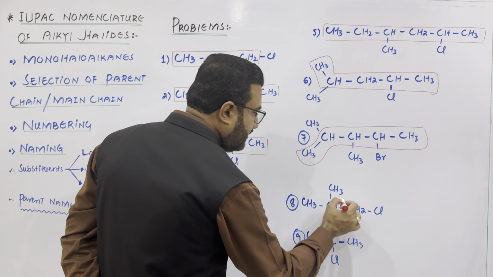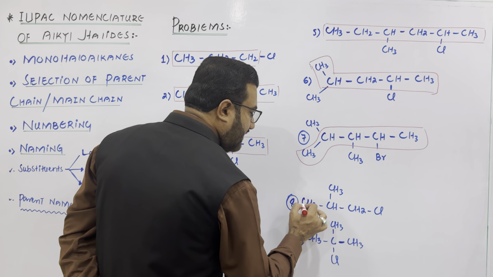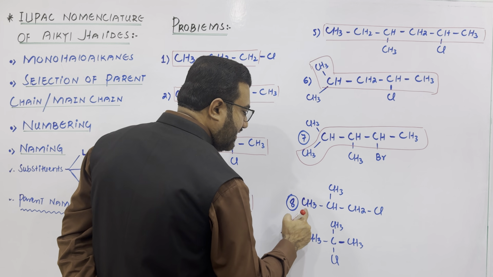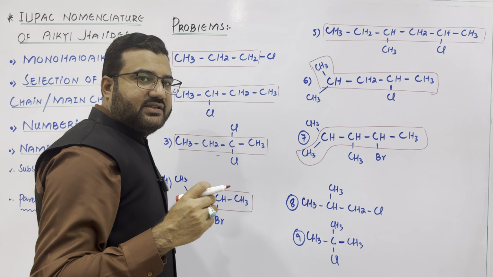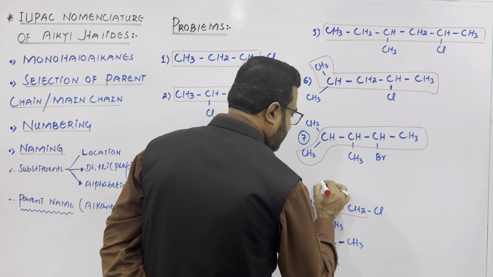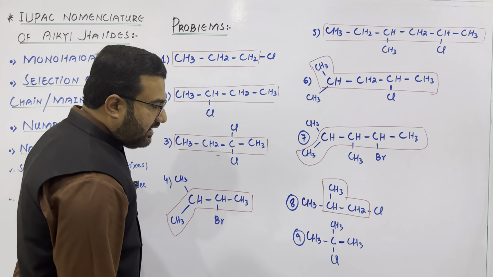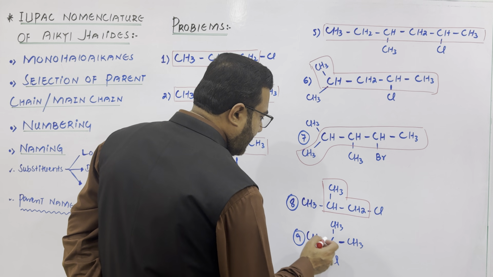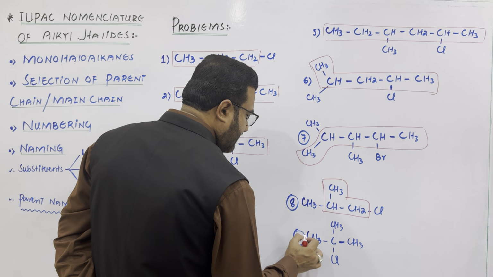So in that case, you can select either the straight chain or this one as the parent chain. This cannot be the parent chain because it does not have the alpha carbon in it. So let us select this chain as the parent chain. Similarly, in this case, 1, 2, 3 or the straight chain can be the parent chain.